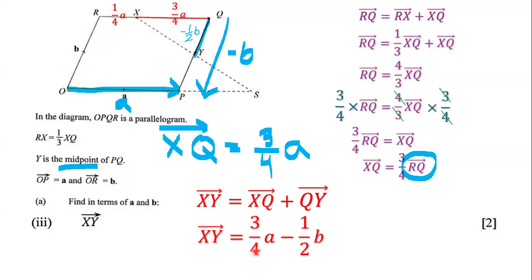That's why we have 3 over 4A. And we know that QY is equal to negative a half of B. And so that means that XY is equal to 3 over 4A minus a half B. And that's the answer that we have to this.